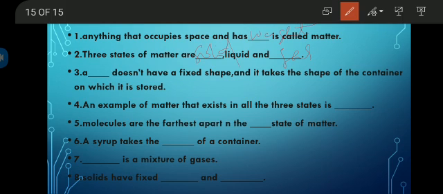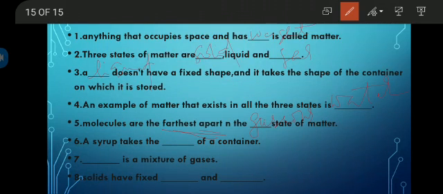An example of matter that exists in all three states is water. Molecules are the farthest apart in the gaseous state of matter.